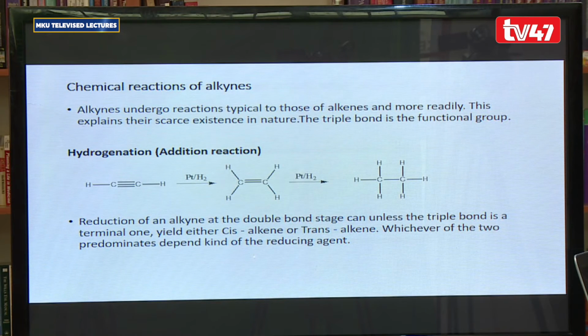If the platinum catalyst is present, then the hydrogenation will react at the position of the triple bond, converting the alkyne into an alkene, and further hydrogenation, depending on the amount of hydrogen present, will result in a net product being an alkane.